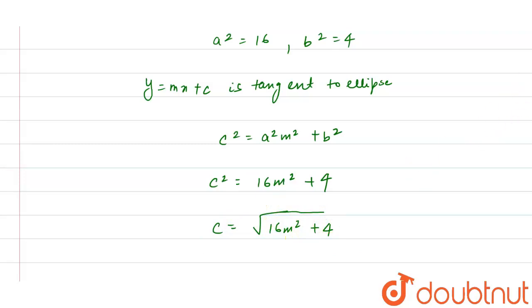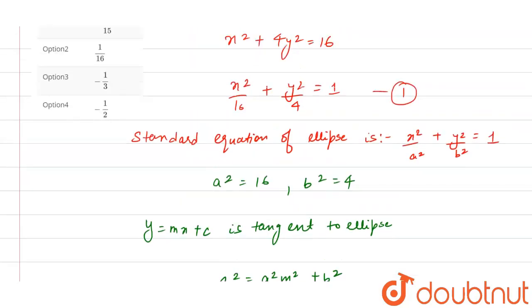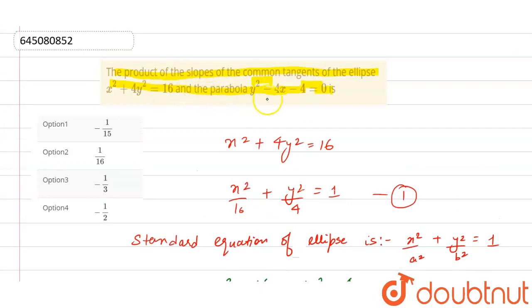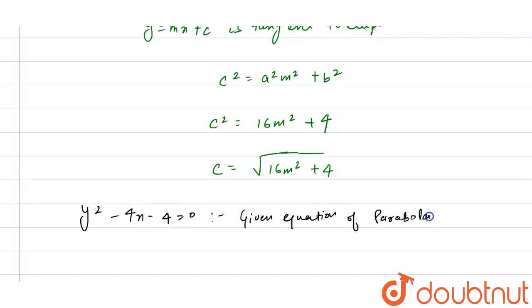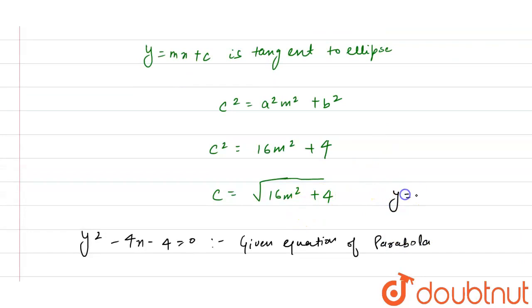Now in the question it was given that the parabola equation is y square minus 4x minus 4 equals 0, the given equation of the parabola. We will find the point of contact by putting the y value in this equation. Since we have the c value, we can write y equals mx plus or minus under root 16m square plus 4.